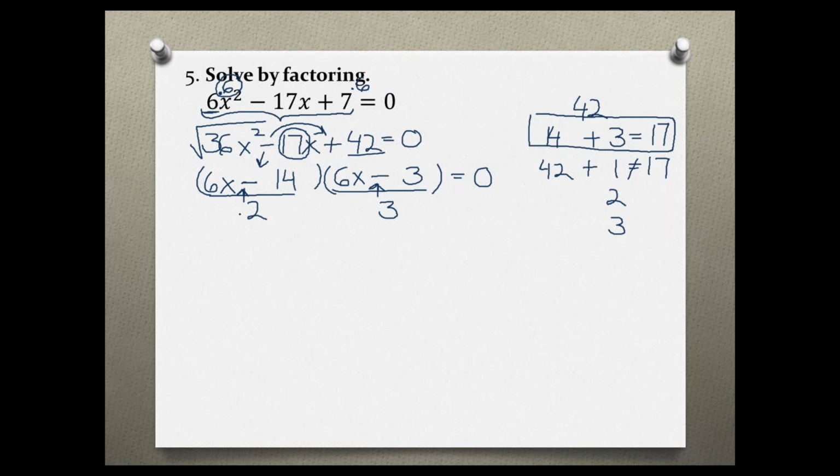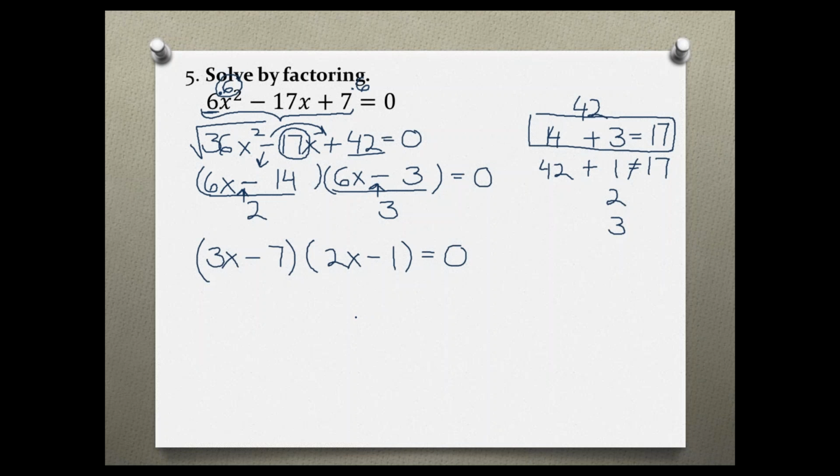Now simplifying this, we get 6x divided by 2 is 3x, and 14 divided by 2 is minus 7. And then on the other side we have 6x divided by 3 is 2x, and 3 divided by 3 is just 1.